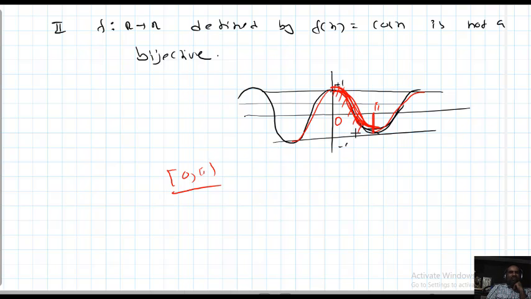For this graph, it is 1-1. Not onto, because the range is still minus 1 to 1 only, but the codomain is capital R. That's why the codomain also should change, to minus 1 to 1.